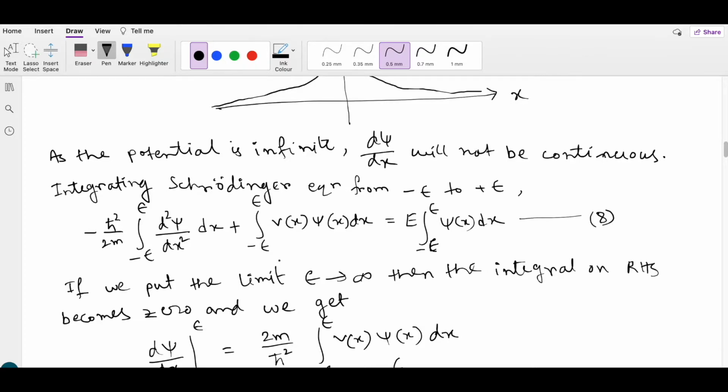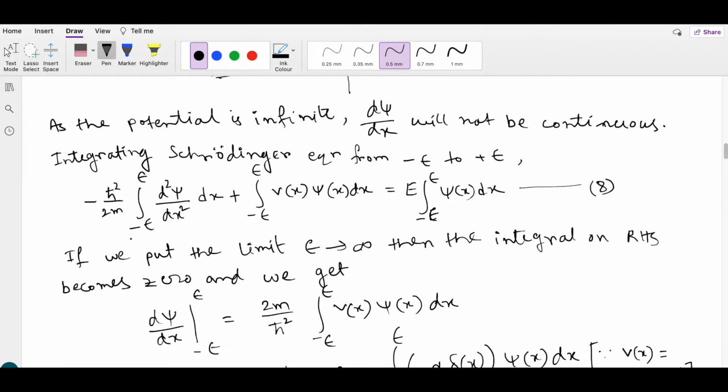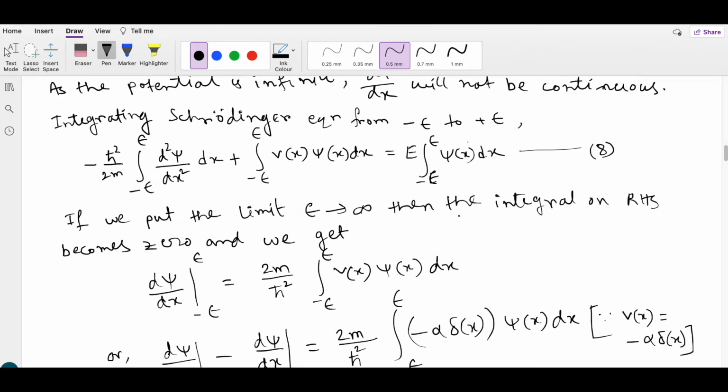So after integrating the Schrödinger equation, we get -ħ²/2m ∫d²ψ/dx² dx from -ε to ε plus ∫V(x)ψ(x) dx from -ε to ε equals E ∫ψ(x) dx from -ε to ε.